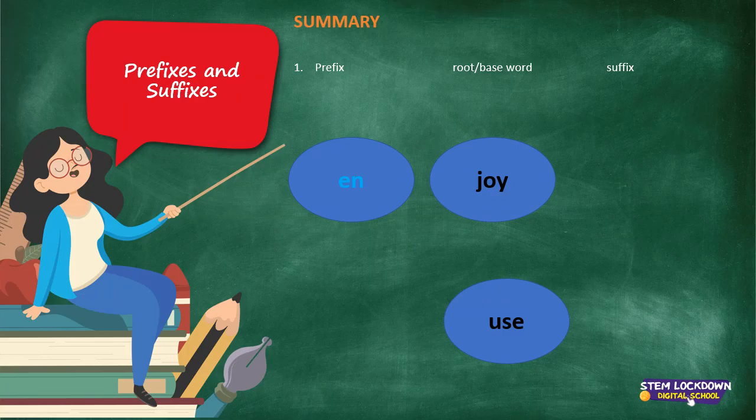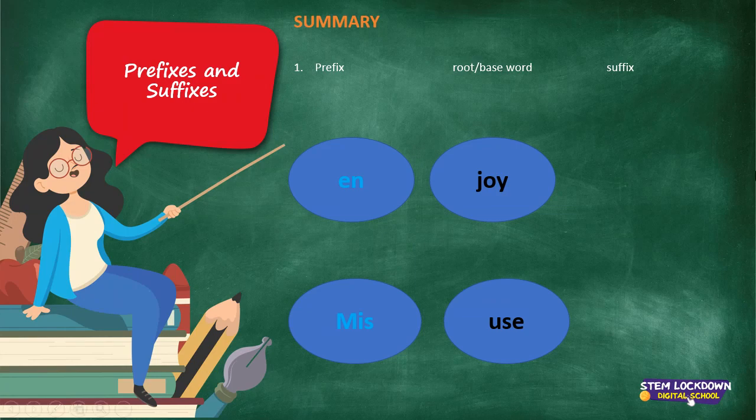Also, there's a couple of suffixes that you can provide for use, okay? A prefix for use would be misuse or reuse, okay? So I chose to take misuse, okay? So before we added a prefix, the root was use, okay?